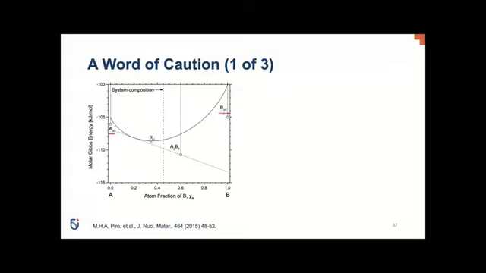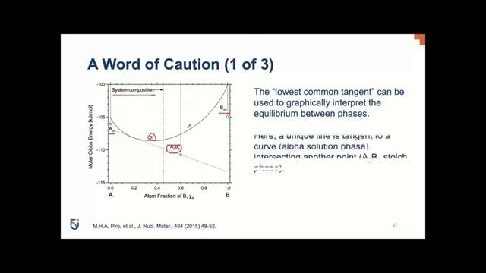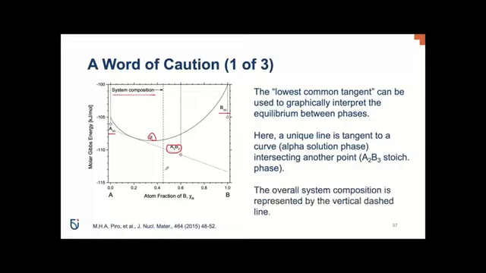So there's pure A, pure B, there's solution phase alpha, and then there's also a stoichiometric phase A2B3. And if the system composition is shown here in this vertical dashed line, one can use this lowest common tangent to graphically interpret the equilibrium state here. And you can see that if you draw a tangent between this alpha and A2B3 phase, the system compositions are in between, right?